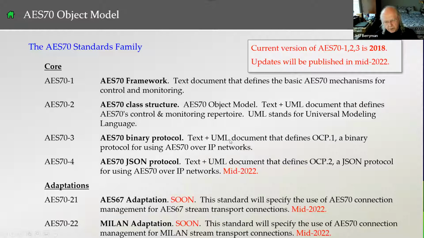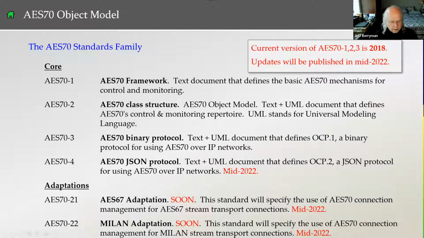For those of you familiar with these kinds of tools, there is a free Wireshark plugin that decodes OCP.1, available for download, I'll get to that. But if you're not comfortable with that and you want to use JSON, you can.